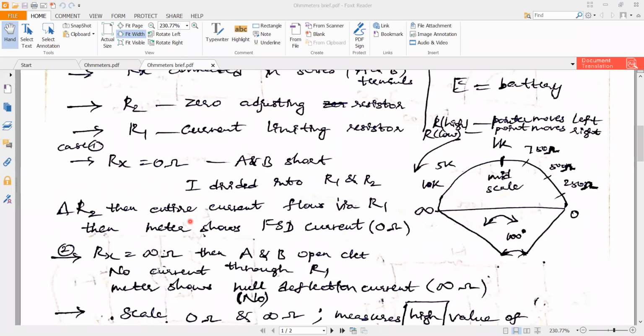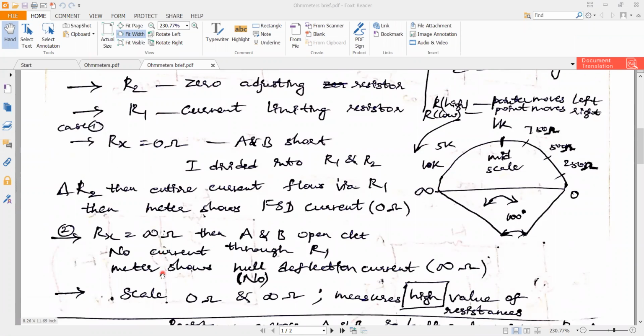And in the second case, the unknown resistance is maximum. I'm going to consider that resistance as infinite ohms. Then the A and B terminals are open circuited. That means no current flows through the resistance R1. The meter shows null deflection, that means current flow is 0. Therefore, the resistance is maximum, infinite ohms.